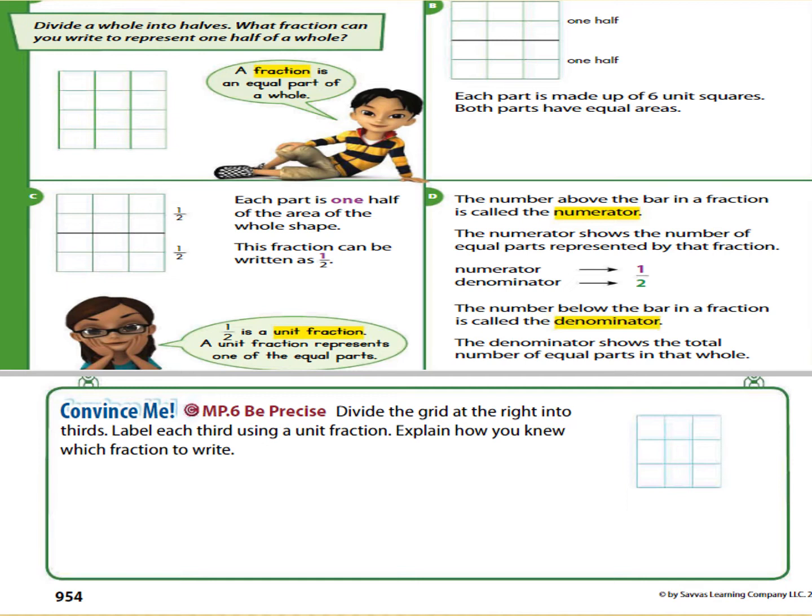We need to divide the shape into 3 parts, so we have to say 9 divided by 3 equals. Think about it. What multiply 3 equals 9? Amazing, 3. So we should have 3 square units in each part.